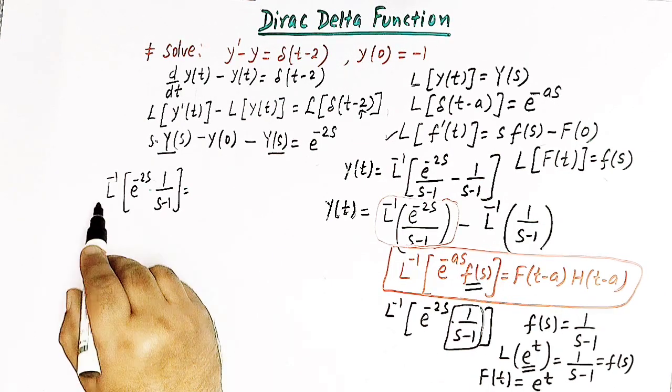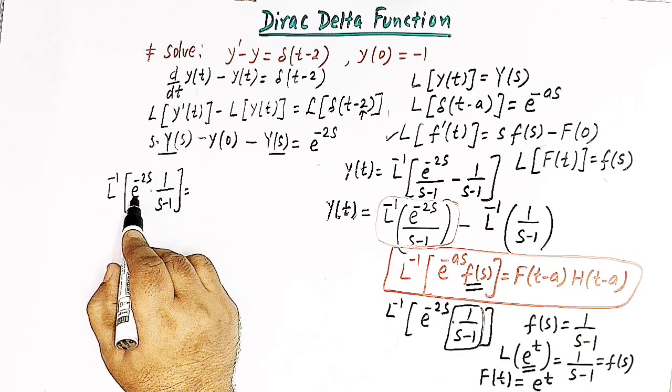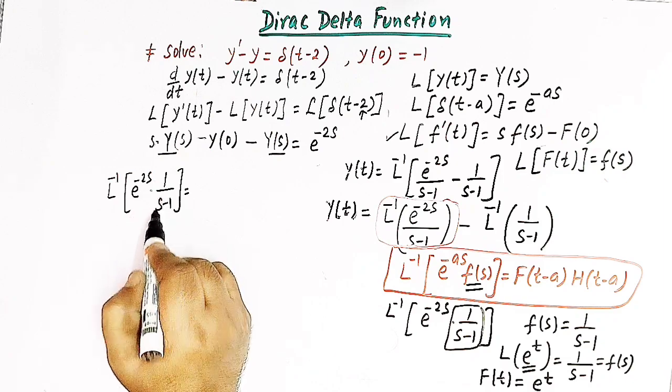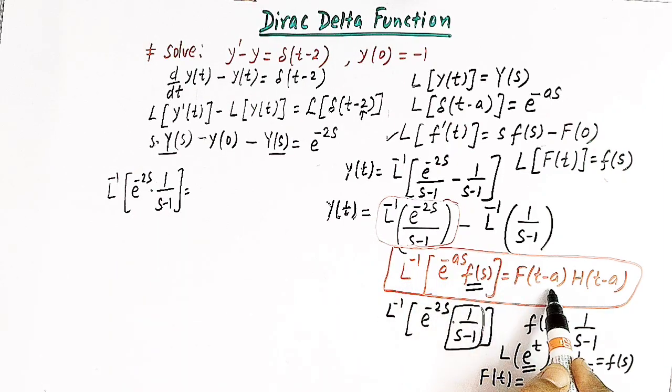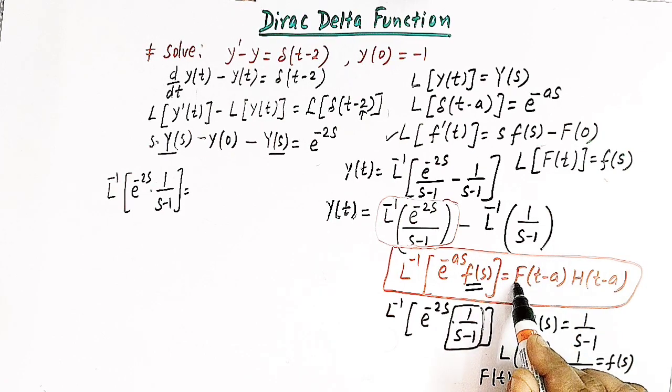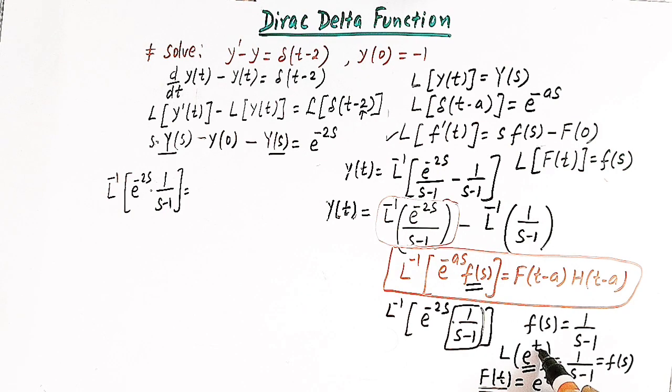So now the value of the inverse Laplace transform of this function e raised to minus 2s over s minus 1 can be written with the help of this result. So we have f of t minus a, and our function f of t is e raised to t, right? Because here the function e raised to t has the transform 1 over s minus 1, right?